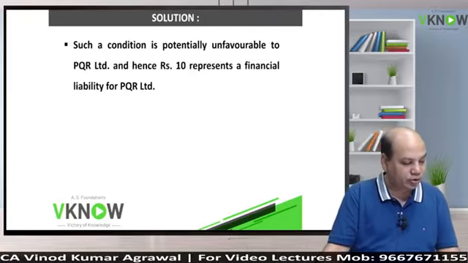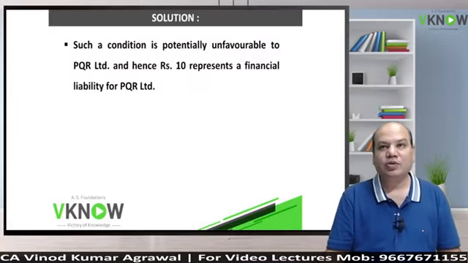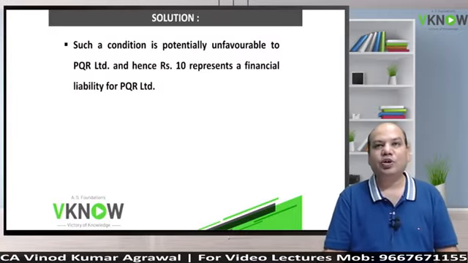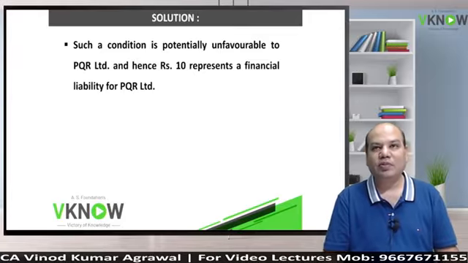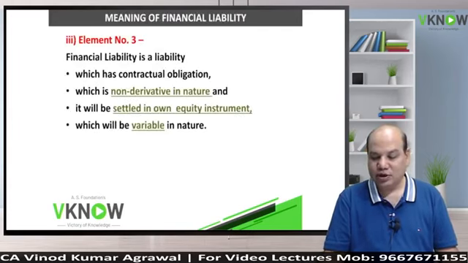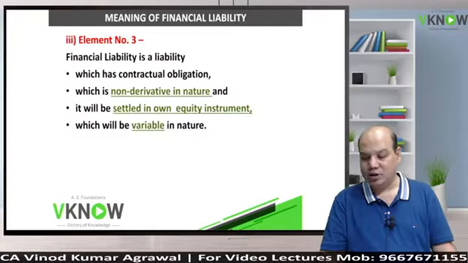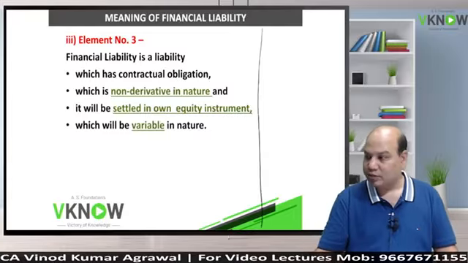Element number 2 says a contractual obligation to exchange financial assets or financial liabilities under potentially unfavorable conditions. So for PQR, the contract has become unfavorable and therefore there is a liability of 10 rupees, which we will call a derivative financial liability. So let us revise one more time.